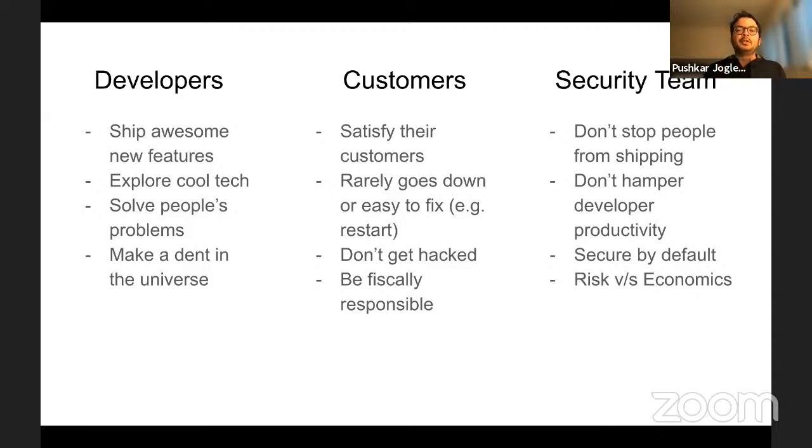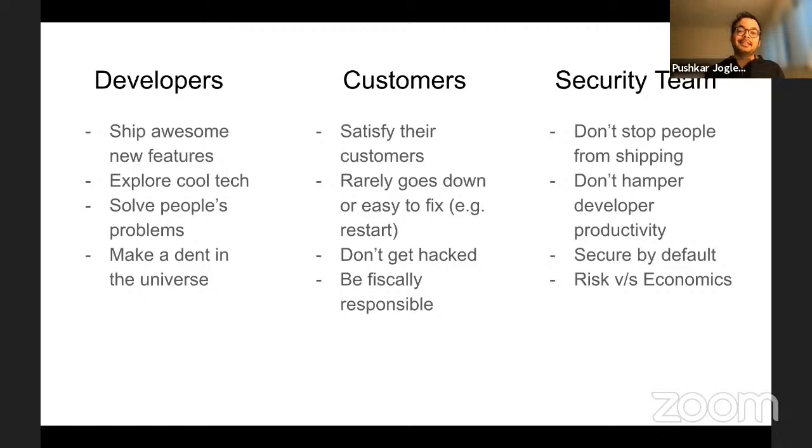So let's jump into the topic. As we've discussed, we generally interact with these three teams or parties. The first side is the developers, who want to ship awesome new features, explore cool technology like Kubernetes, and basically try to solve people's problems and make a dent in the universe.